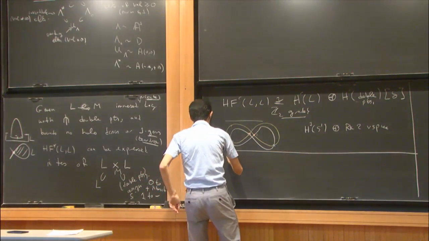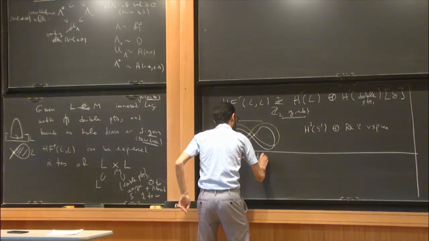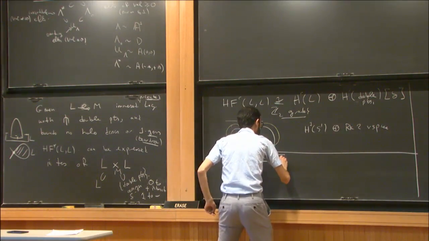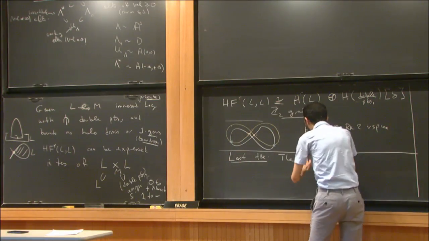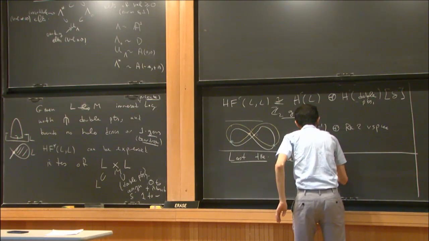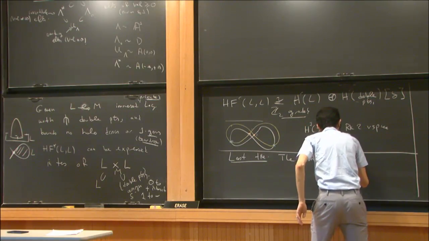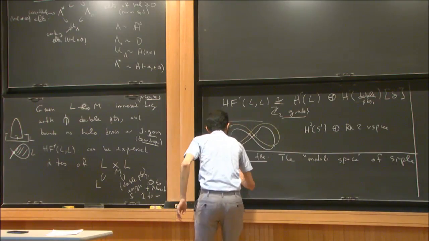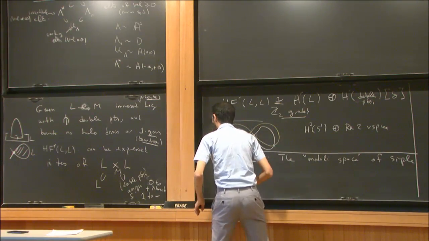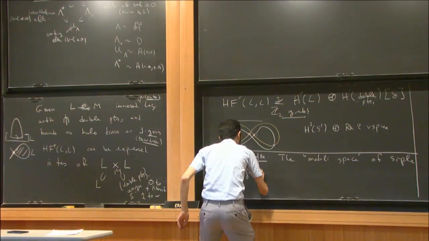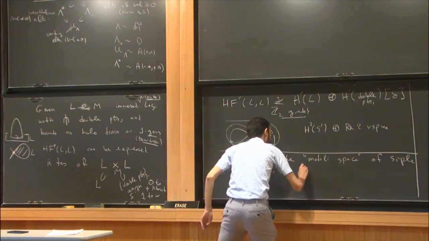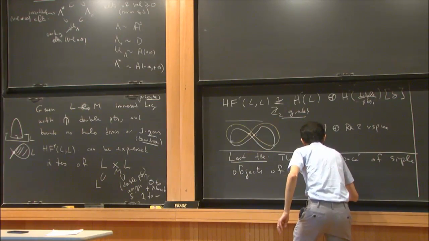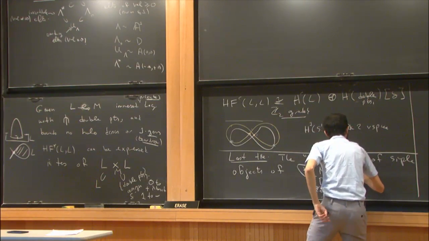What I explained last time is that we should take, and I'm putting it in quotes because we don't have a formal definition yet, the moduli space of simple objects of the Fukaya category of M, which is Z2 graded, with support on L.